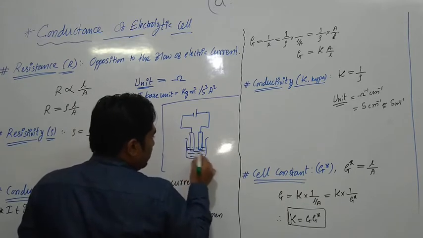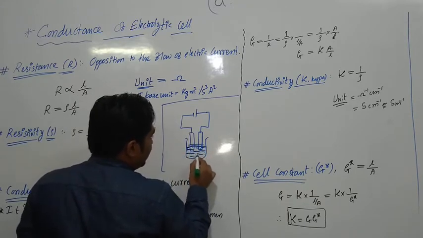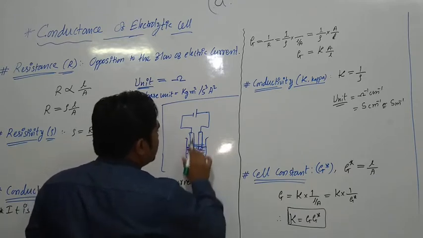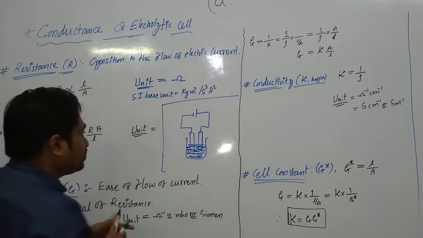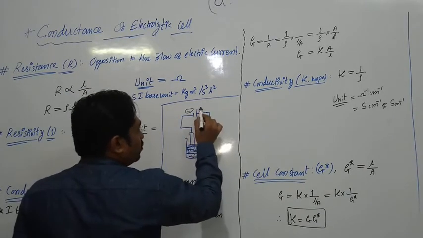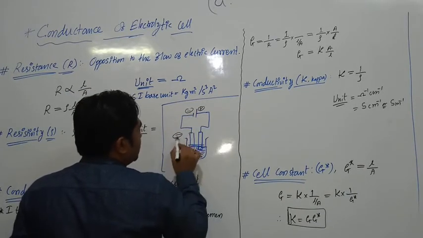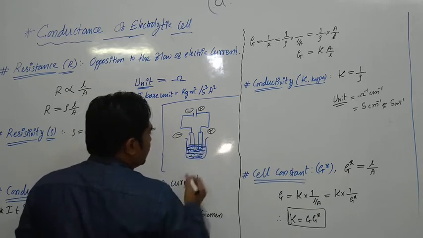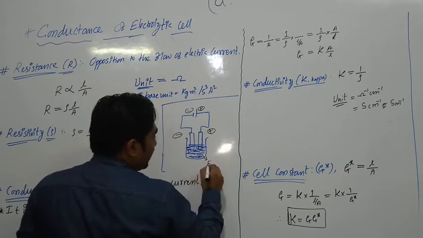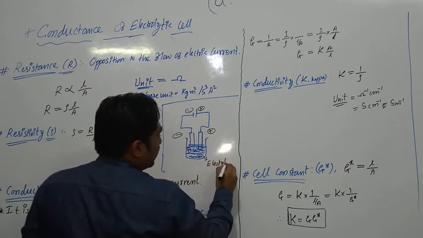And here I'll put some electrolytic solution. So this is my electrolytic cell. This is the negative electrode, this is the positive electrode, and here I have taken the electrolytic solution.